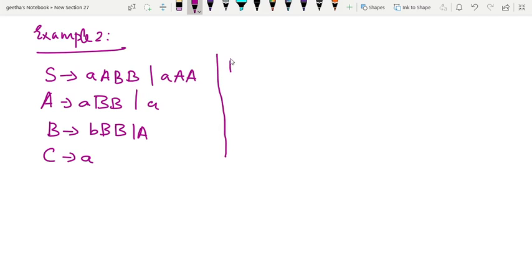Now our aim is to convert CFG to PDA. First of all, let us list the non-terminal symbols, that is S, A, B and C, and the terminal symbols are only a and b. How do you find the terminal symbols? Go to the RHS part of each rule. Leave the non-terminal symbols. Whatever you get, other than the non-terminal symbols and other than the epsilon symbol, the remaining ones are the terminal symbols.